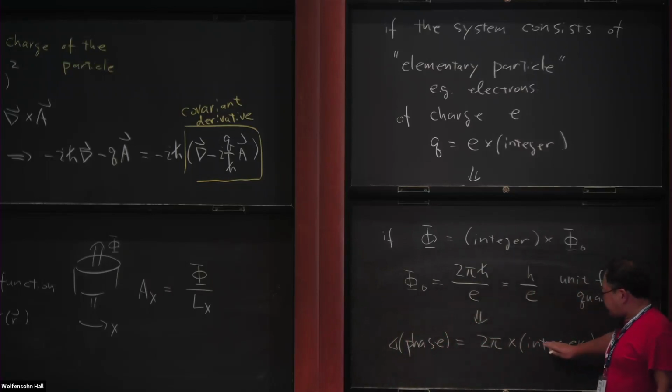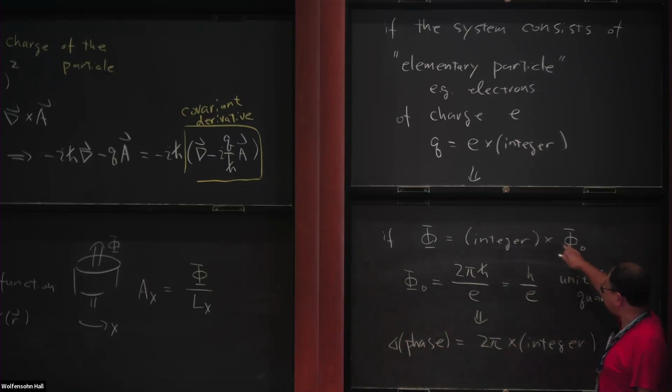But a phase of 2 pi is not observable. So a phase difference of 2 pi is identical to a phase difference of 0. So in this case, there is no AB effect.